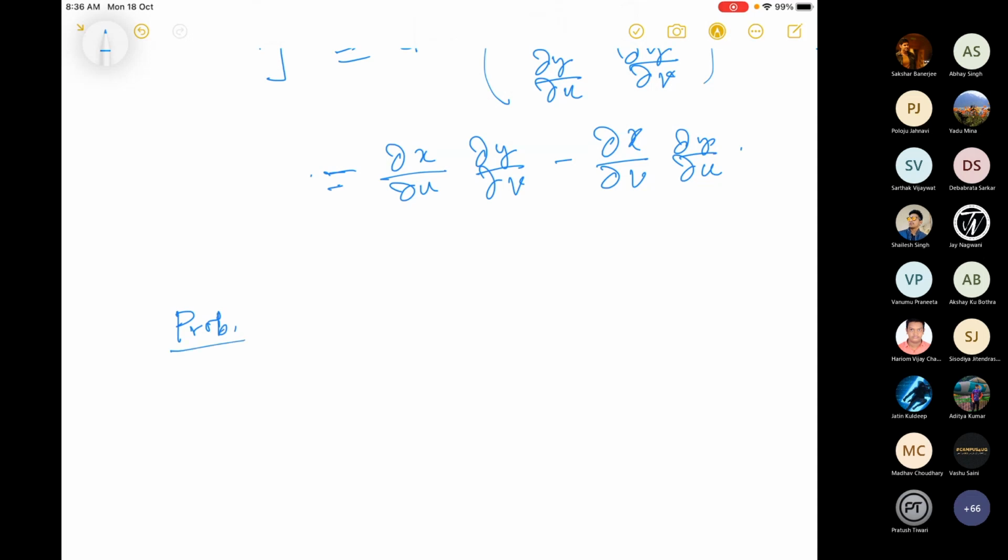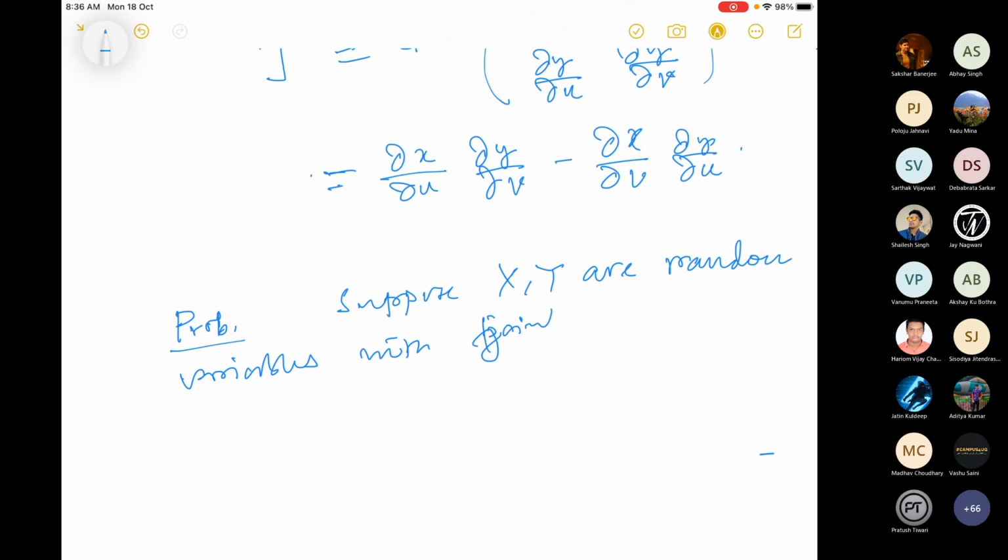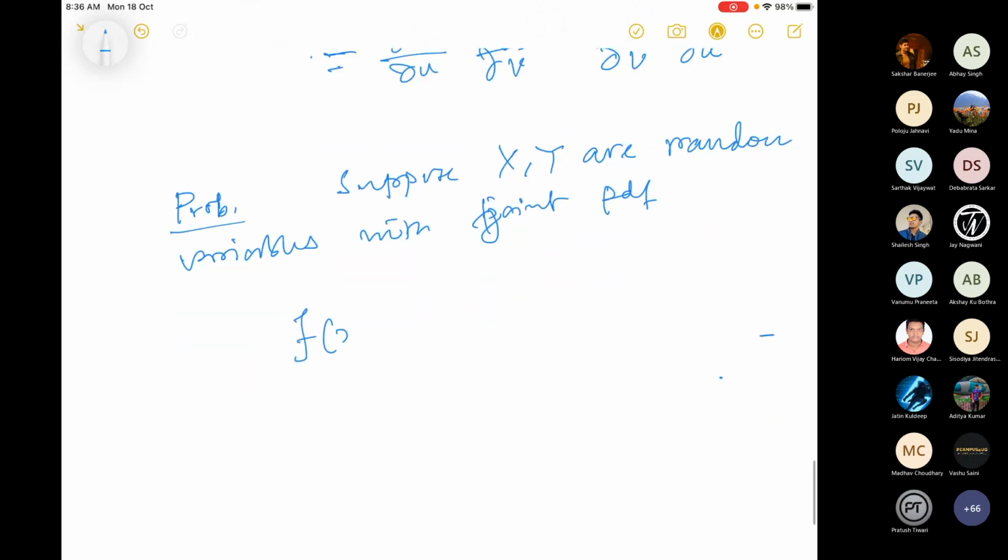Problem. Suppose x and y are random variables with joint PDF, let's say f of x, y is equal to 8xy when 0 less than x less than y less than 1, and 0 otherwise.